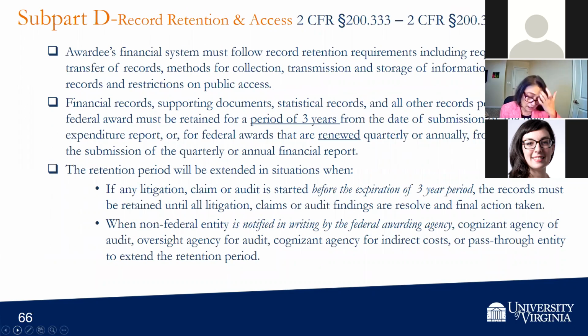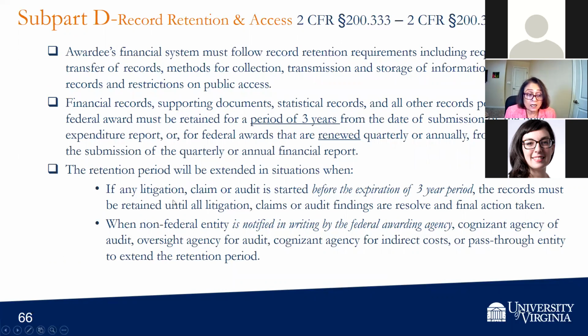Then we have the record retention and access to records policy under the UG in sections 200.333 to 337. So we are supposed to retain records for 3 years from the time we submitted our final financial report, but we retain the records for 5 years.